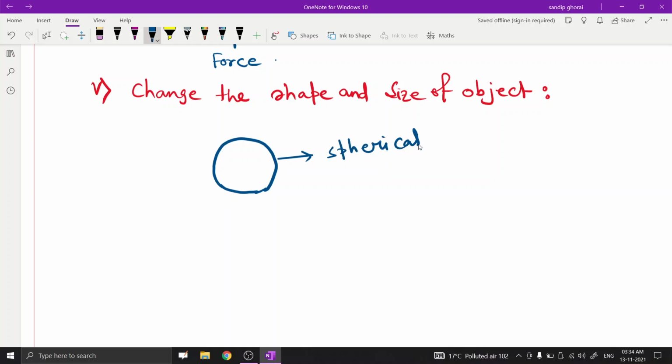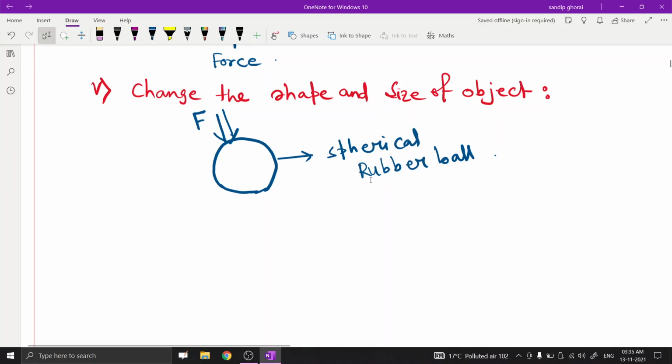Now we apply a force F on the ball. After applying the force, the shape and size may change. So by using force, we can change the shape and size of a particular object.